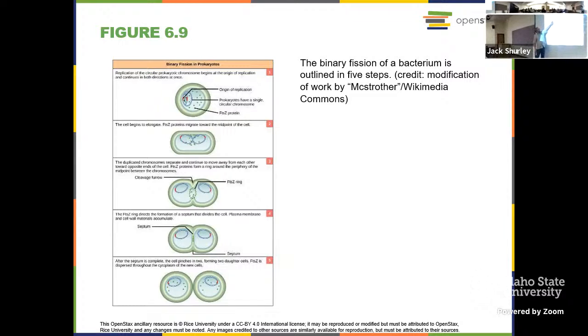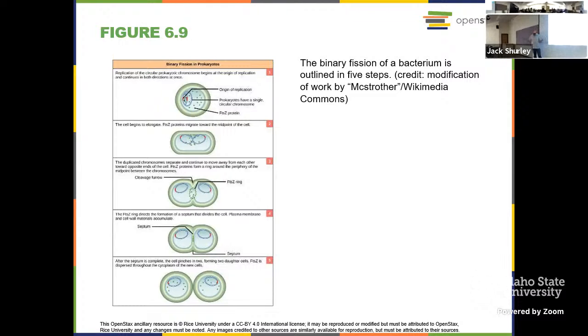The chromosomes get attached to the plasma membrane, and as the cell starts to elongate, as we're preparing to split, it helps to pull the separate chromosomes to kind of opposite sides. The FTZ proteins help to facilitate the chromosomes getting up there, but they also are what really does this pinching, like the cytokinesis, and that's what we're looking at here.